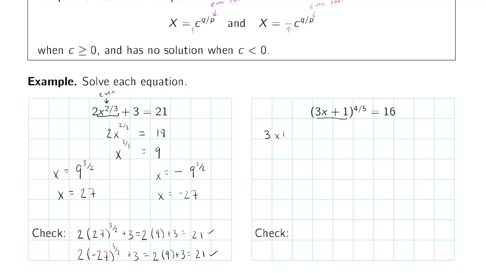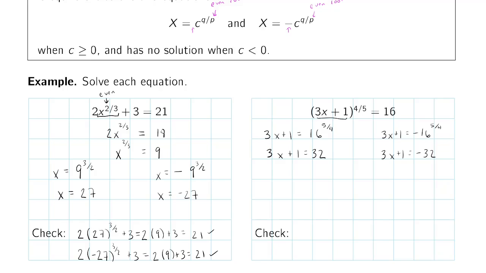Either 3x plus 1 is positive 16 to the 5/4, or 3x plus 1 is negative 16 to the 5/4. Evaluating 16 to the 5/4, I get 32. So 3x plus 1 is 32, or 3x plus 1 is negative 32.